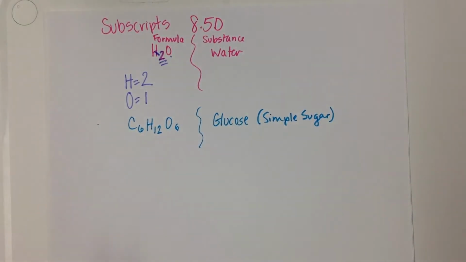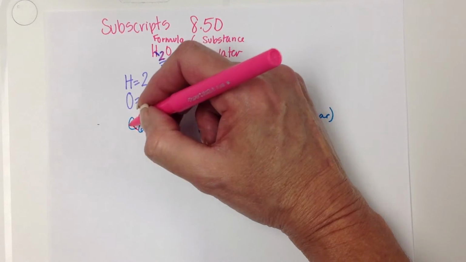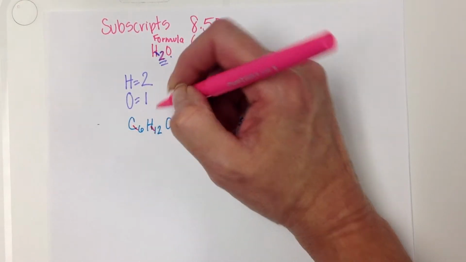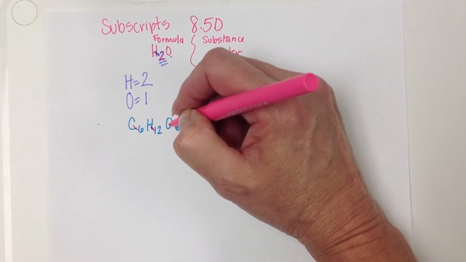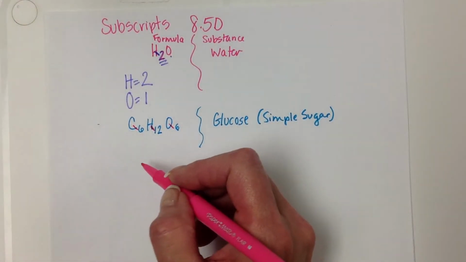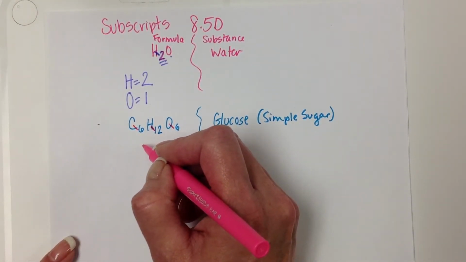Alright, so let's see. We see that there are 3 subscripts now. This one goes with this one, right? Always the element in front of it. H has 12 going with it, and the 6 goes with the oxygen. So let's once again try and count how many elements.